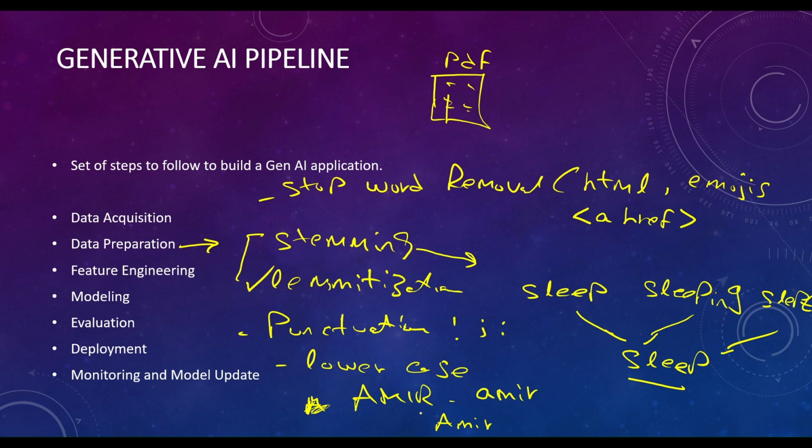So these are some of the things that you can do as part of data preparation, and these are all the basic things that you must perform before you feed the data into the model for your generative AI.